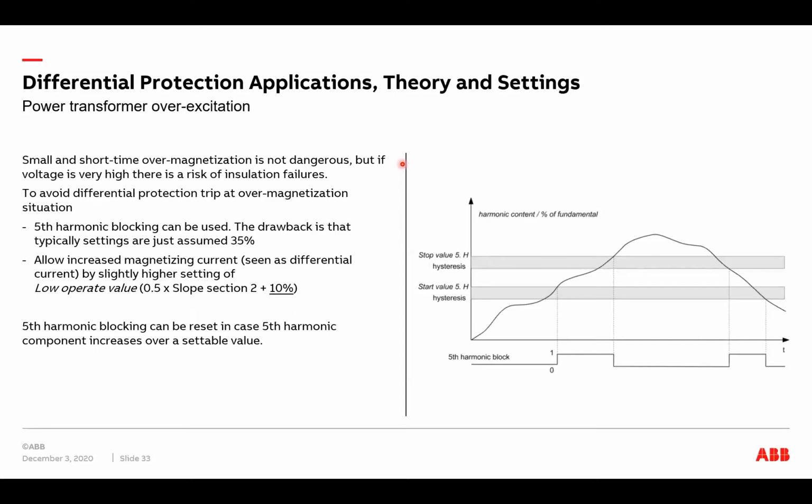But the differential protection should not take care of this kind of situation. It should be stable. So we need to somehow block the differential protection during this kind of situation, and that is done by using the fifth harmonic blocking.